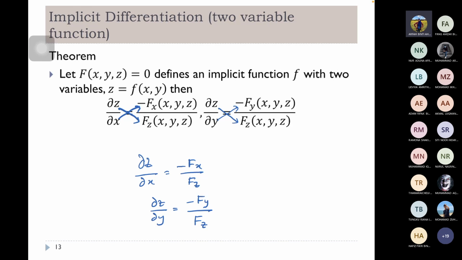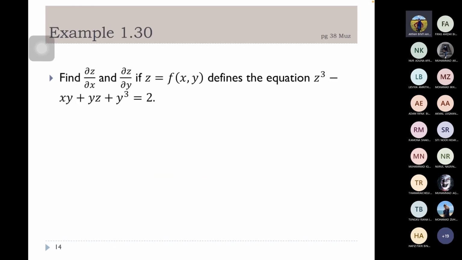So let's take a look at the example. Find delta z over delta x and delta z over delta y, if z equals f(x,y), defined by the equation z cubed minus xy plus yz plus y cubed equals 2.